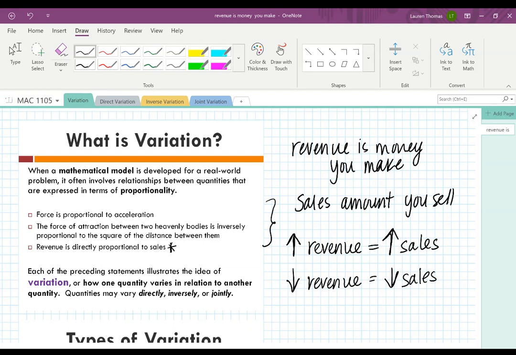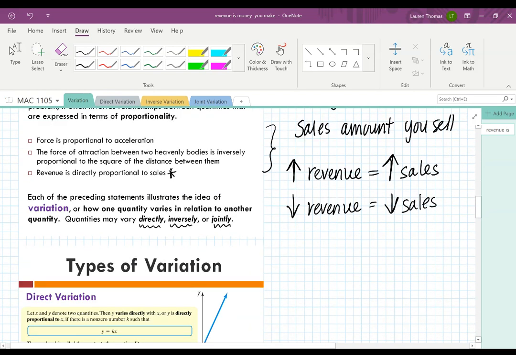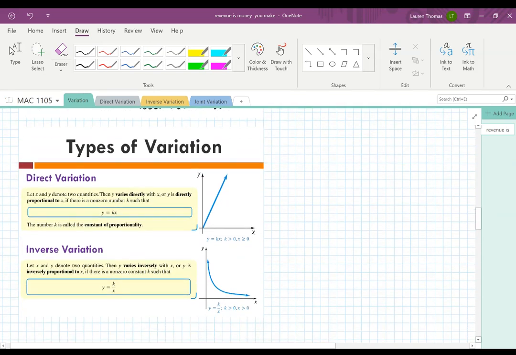In this section, we're going to be talking about three different types of variation. In short, variation means how one quantity varies in relation to another quantity. We're going to be looking at direct variation, inverse variation, and joint variation. Let's look at the definitions.